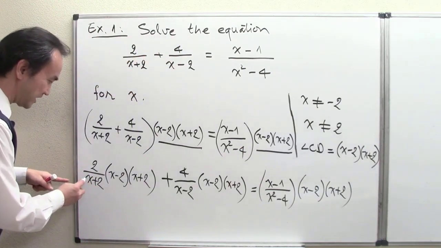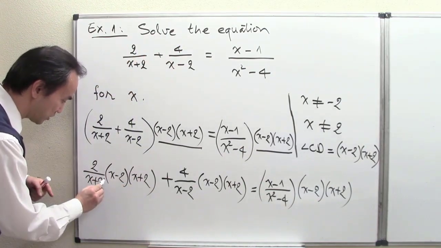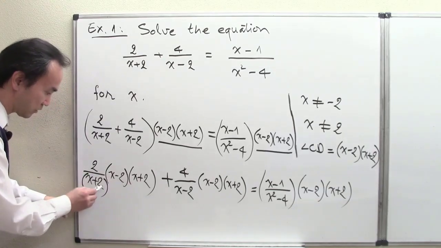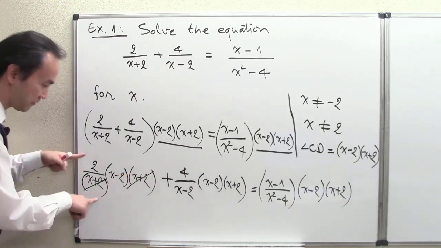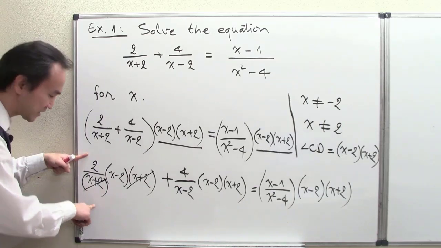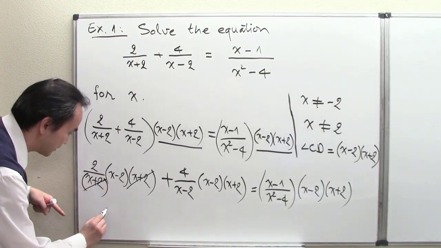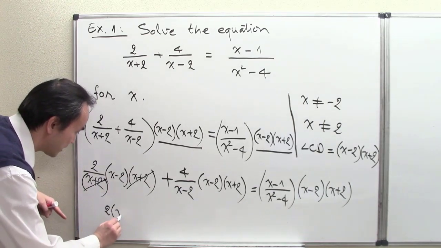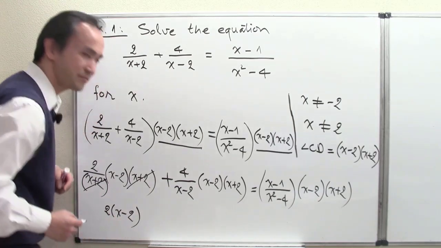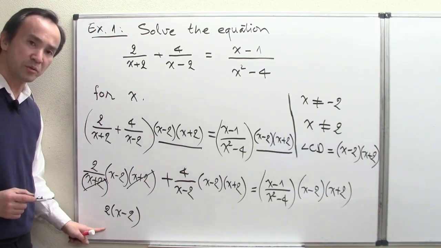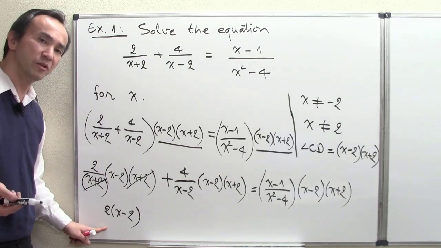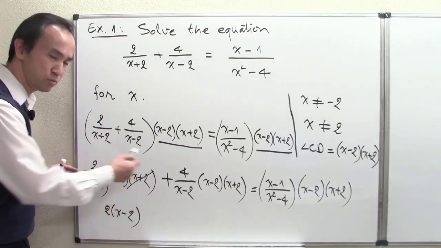Now, I can see that x plus 2 will cancel with this x plus 2 in our first denominator. So in my next step, it's leaving 2 times x minus 2. This is where we must bring in our skills in simplifying a rational expression.